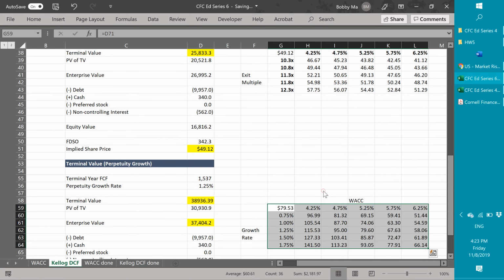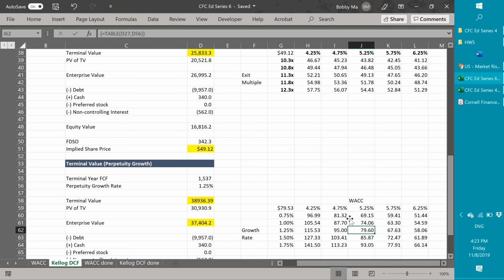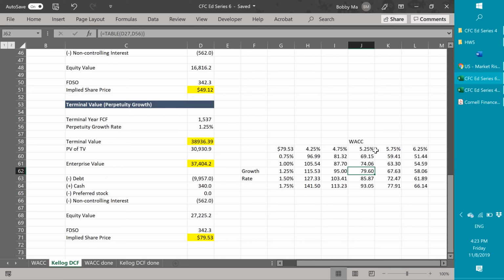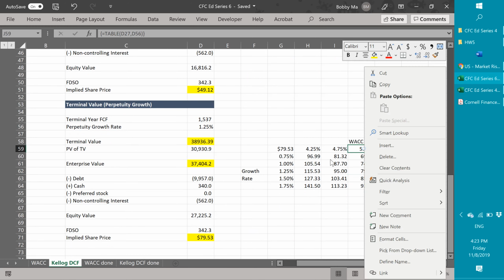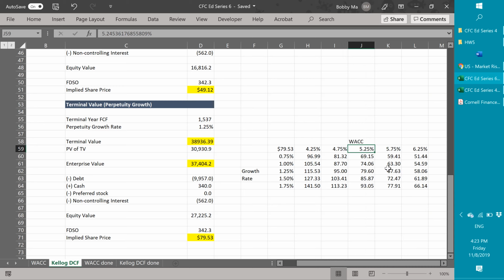All right. Right, so all is good in the world, you have these. So you can see this is what you actually got with 5.25 and 1.25, or very close. And then you have your numbers that are assuming what if your WAC or growth rate was a bit wrong. And then you get those numbers.